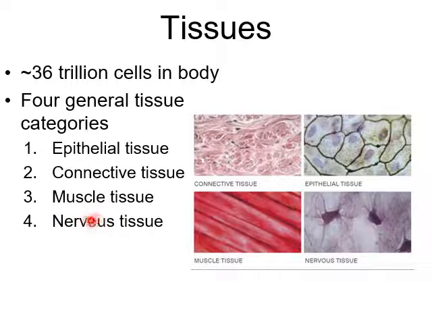We're going to be spending a lot of time with epithelial, nervous, and muscle tissue. We won't be spending so much time with connective tissue, but it is important. Since we have to regulate things coming in and out, we have to deal with epithelial. We're going to spend some time on muscle. And throughout the semester we have to keep things regulated.